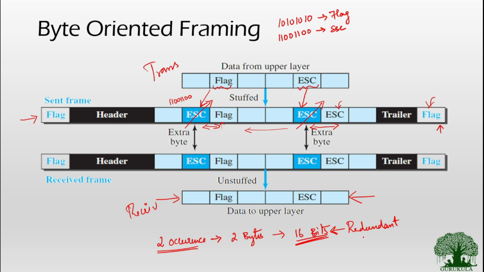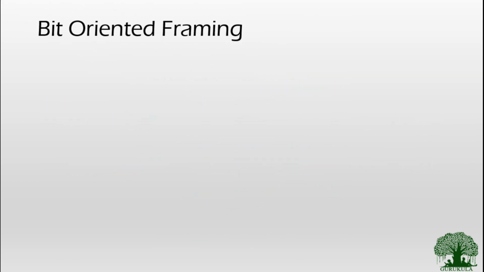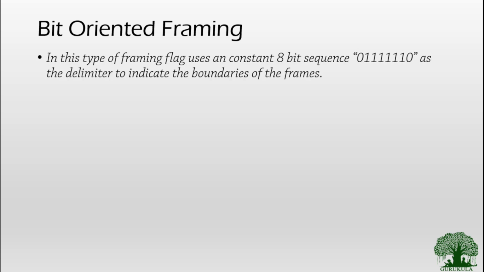So in order to overcome this particular drawback, we are moving forward to another approach, which we call the bit oriented framing approach. So what's special in the bit oriented approach? Here we will use the flag sequence as an 8-bit sequence again, but this time the flag sequence starts with a 0, then has 6 consecutive ones, followed by a 0.